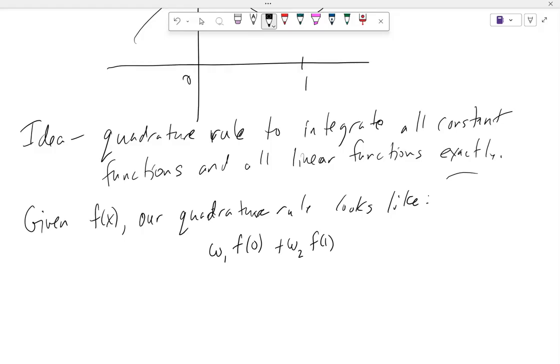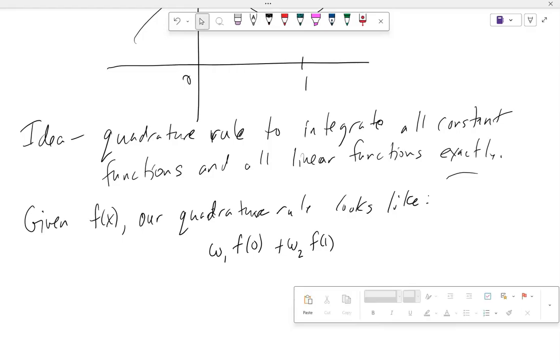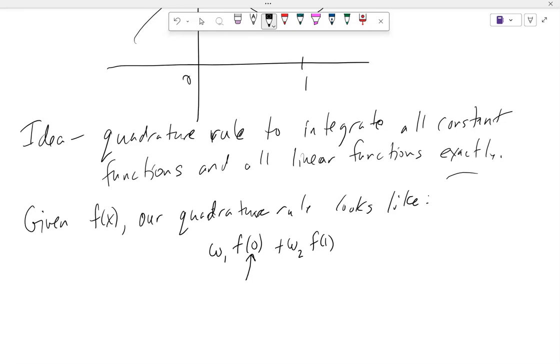Oops, yeah, that's a 1. That looked like a 0 when I look back up. These are the 2 points that we started with, right? Those are the points that we're going to plug into the function that we're given. We're going to have some weights. We usually refer to these as weights associated with them. That's why I call them w1 and w2. Okay?